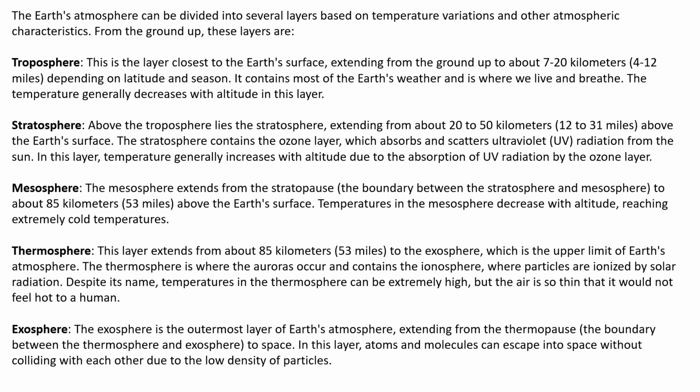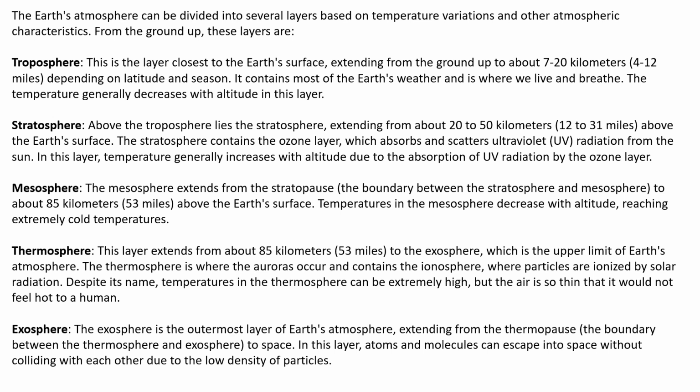Then the fourth layer is the thermosphere, which extends from about 85 kilometers to the exosphere, which is the upper limit of the Earth's atmosphere. The thermosphere is where the aurora occurs and contains the ionosphere, where particles are ionized by solar radiation.